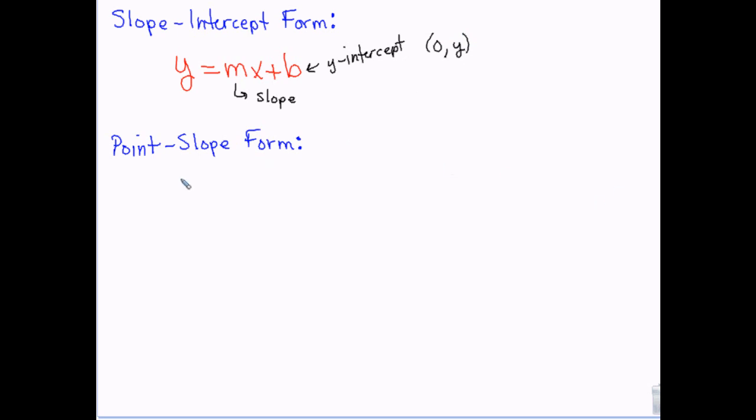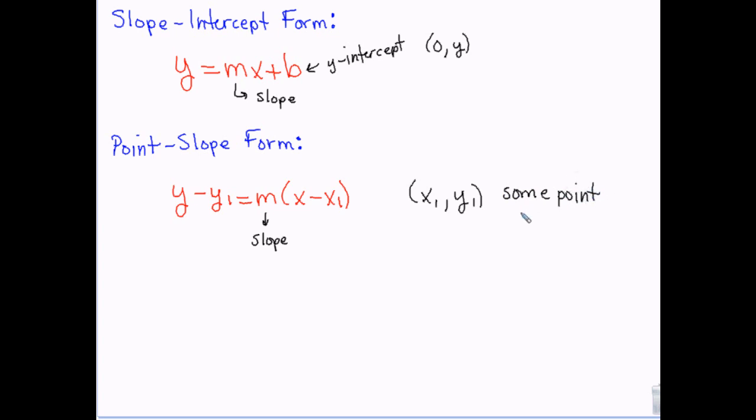And then you have the point-slope form, where m is again the slope, and the point x1, y1 is some point somewhere on the line. It can be any point.